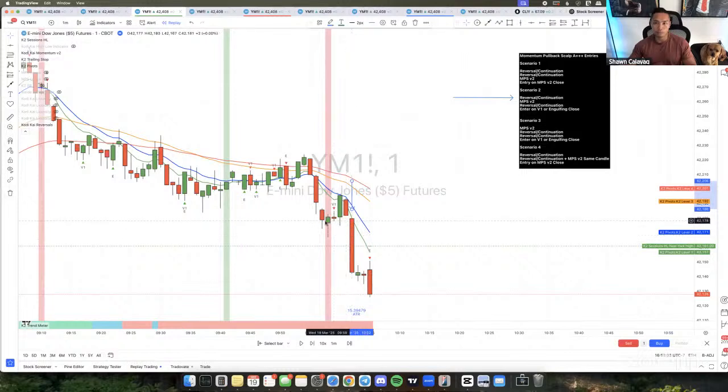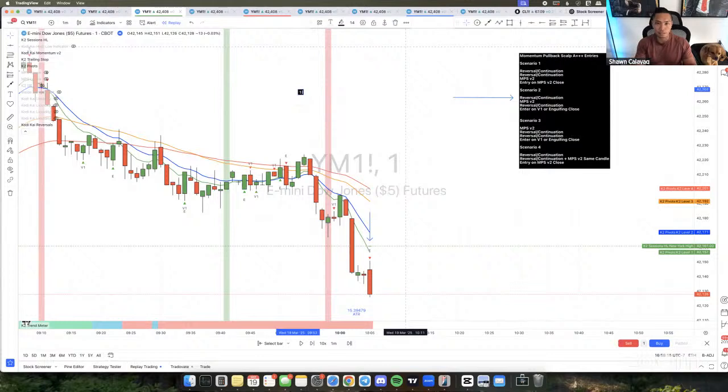So we got the reversal continuation, and we got the MPSv2, and then this one over here is going to be the third setup. You're basically looking for 3 setups. It's like a 1, 2, 3 setup. If the A++ doesn't make sense, you could just say 1, 2, 3 setup.